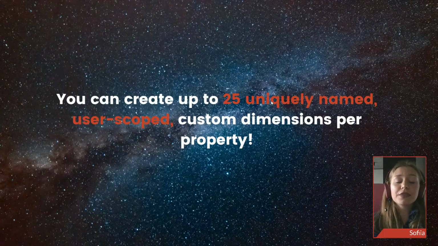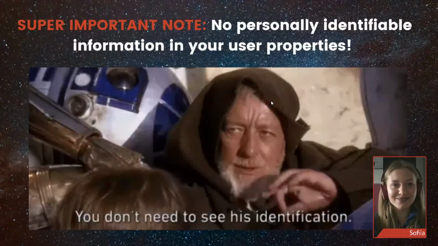Also, something to be mentioned, which is extremely important, is some limitations. You can create up to 25 uniquely named user scoped custom dimensions per property. So let's remember 25.